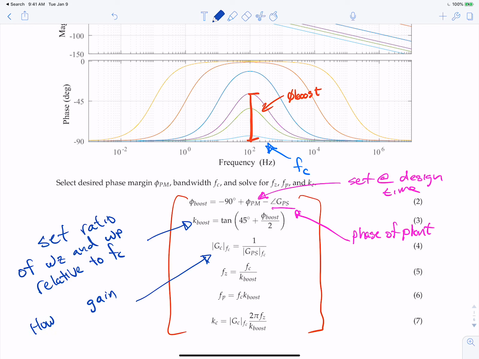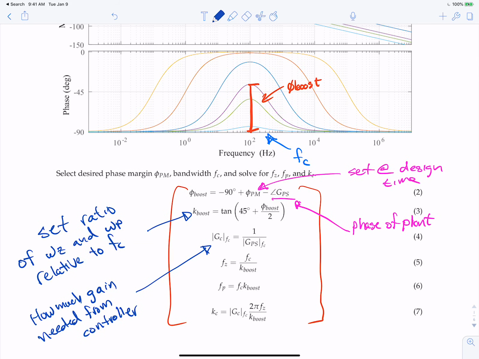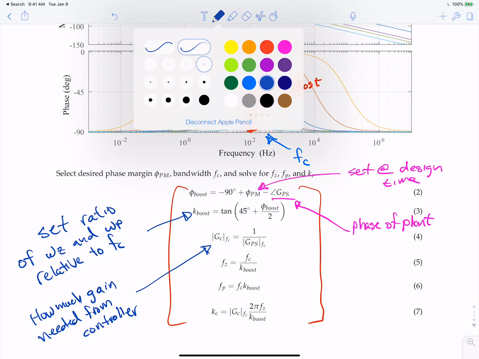So how much gain is needed from the controller? All right, now once you have those three terms, phi boost, K boost, and how much gain you need from the controller, you can calculate the location of the zero, pole, and the gain of the controller with equations 5, 6, and 7.